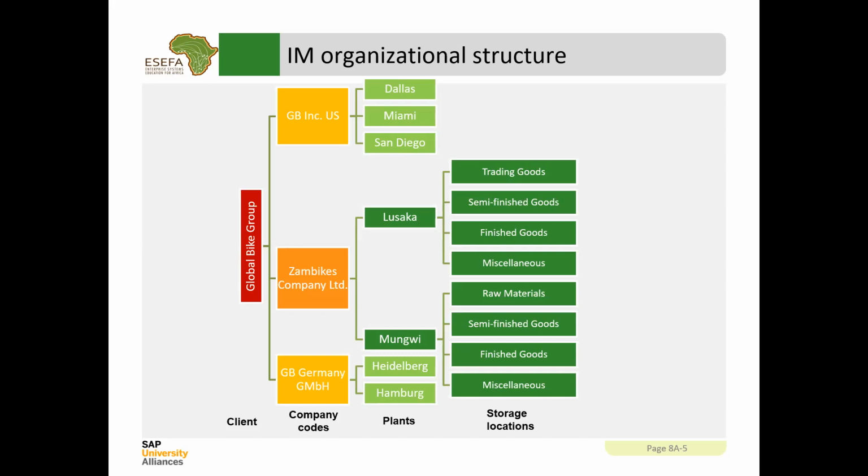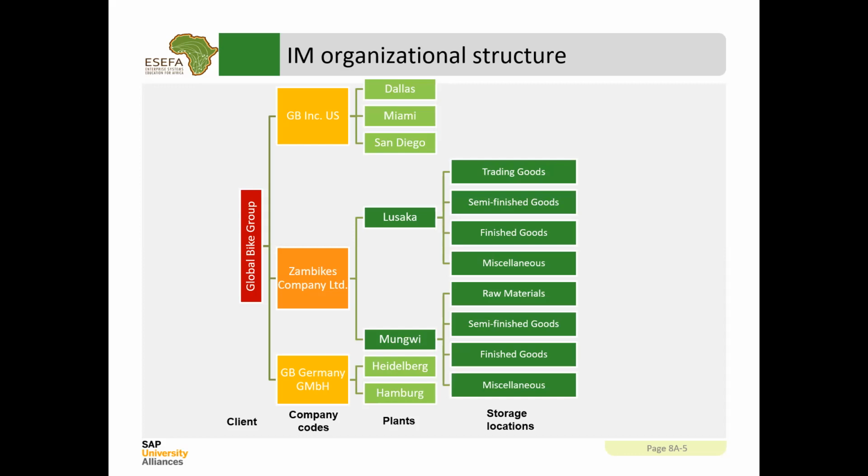So storage for finished goods in Lusaka is expected to be bigger. The inventory management system for finished goods in Lusaka is expected to be more robust compared to that of Mungwi, while Mungwi will deal with a more robust system for handling raw materials inventory.